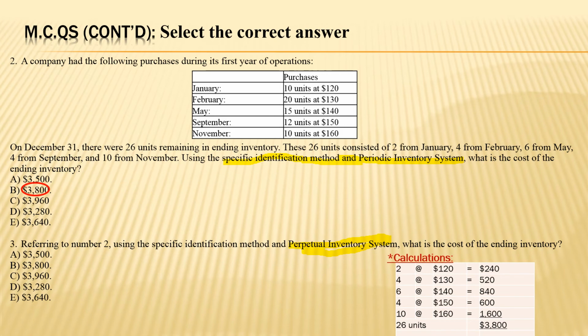No, it will not differ, because as I have just said to you a few minutes ago, the cost of ending inventory or the cost of goods sold using the specific identification is the same, whether under the periodic or perpetual inventory system. So the answer will be 3,800 also, the same as the previous one.